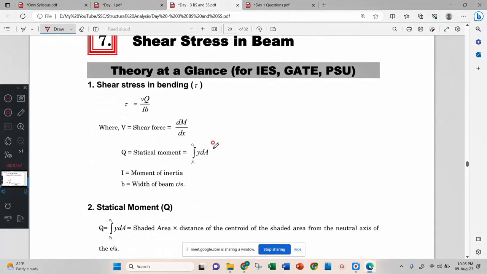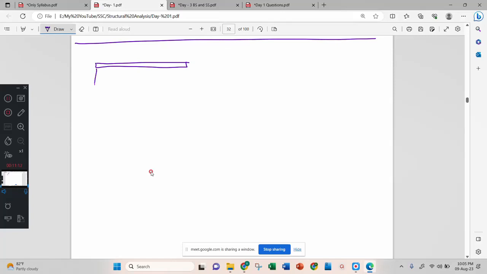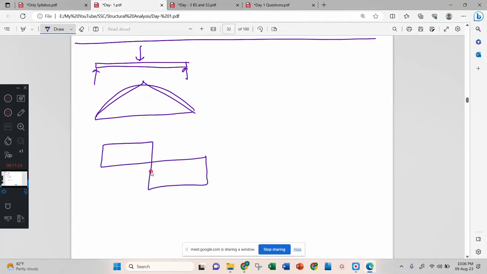Okay. Now we'll come to the page. Look at here. This is a beam. The beam is subjected to transverse loads. The beam will have bending moment, and then the beam will have shear force diagram.